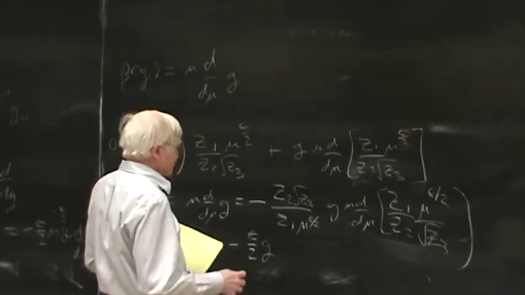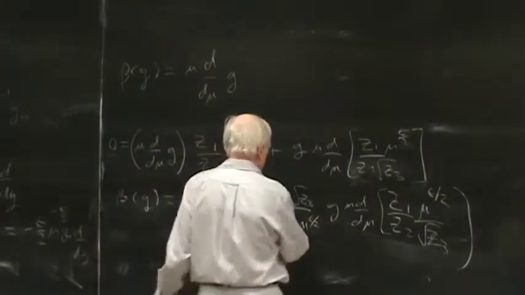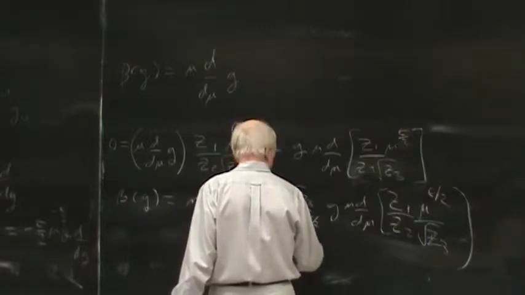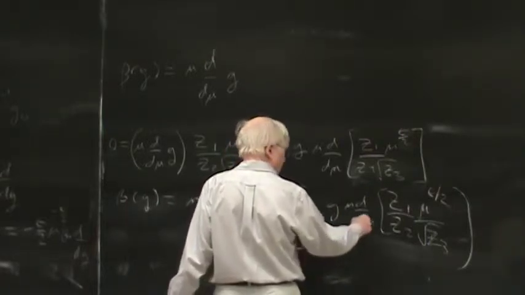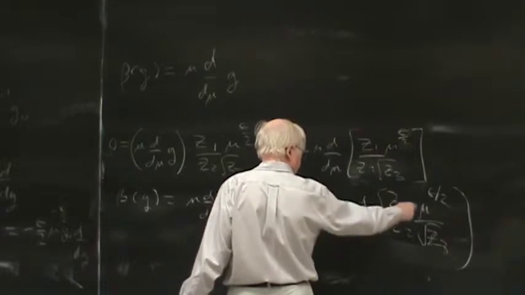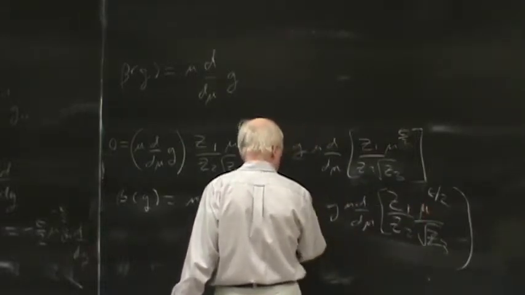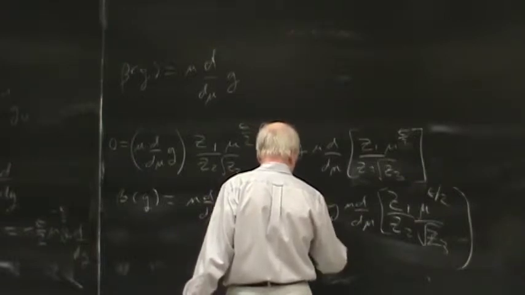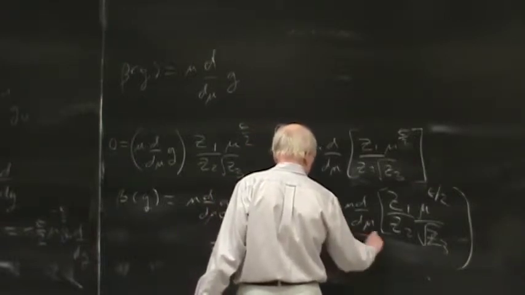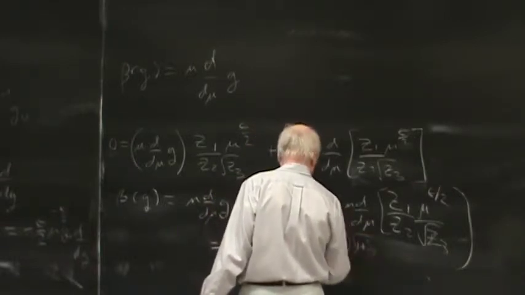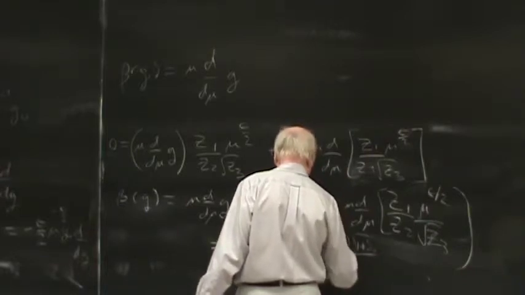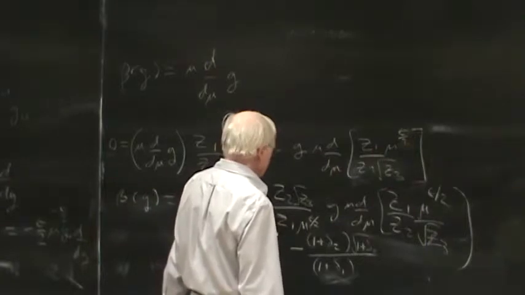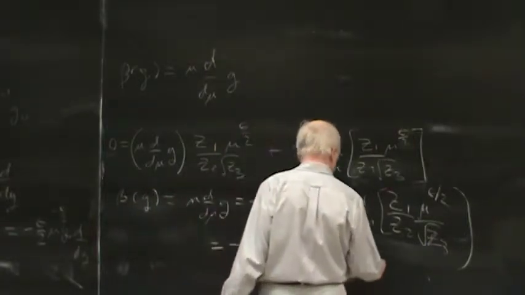And doing the rest of the terms, if we now substitute what we would have, we can forget about this term and that term, so then we just have 1 plus delta 2 square root 1 plus delta 3 over 1 plus delta 1, and the mu to the epsilon over 2's cancel.